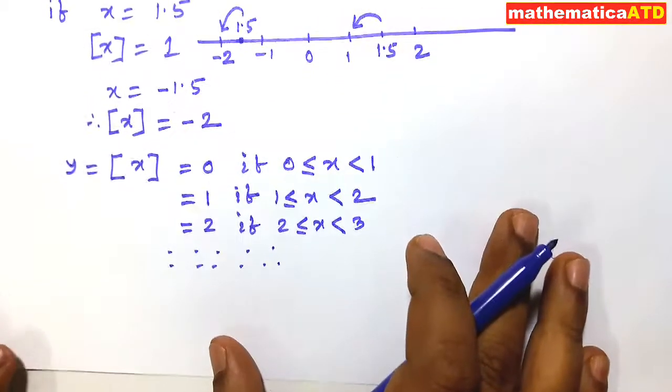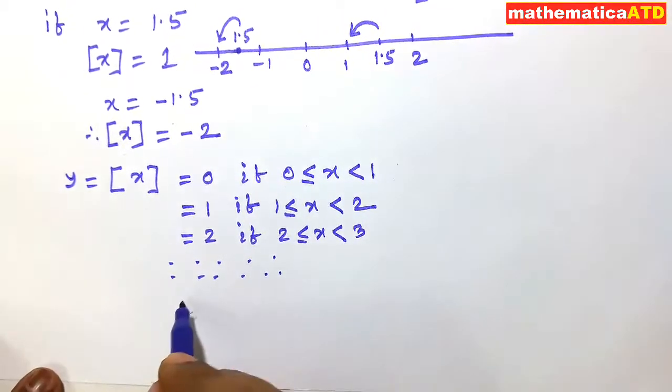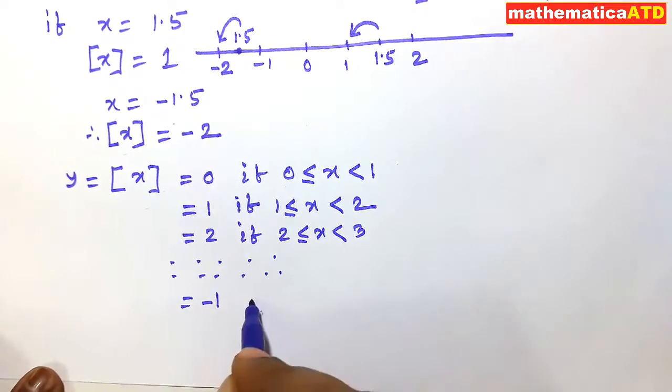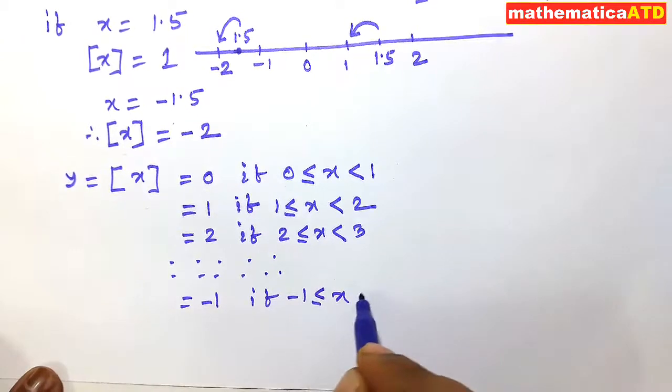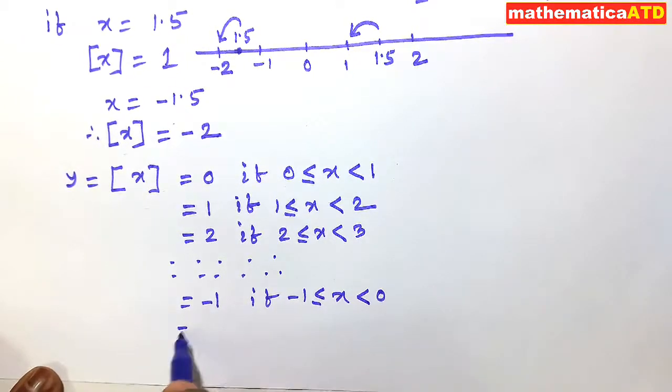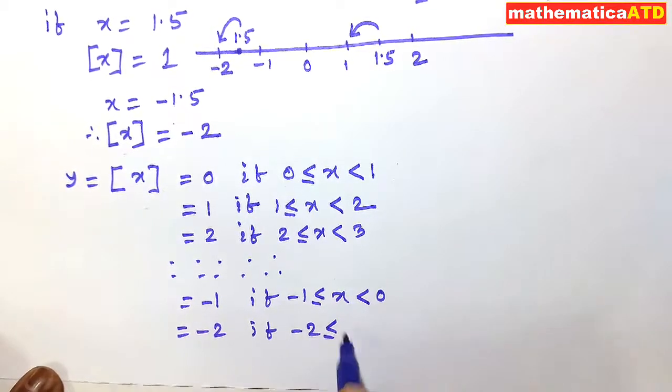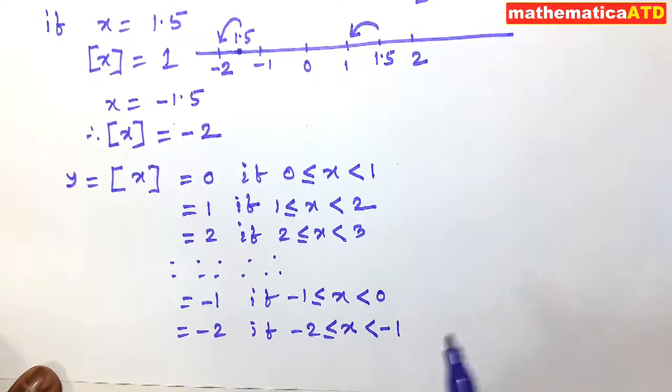The value may be minus 1 if minus 1 less than or equal to x less than 0. This may be minus 2 if minus 2 less than or equal to x less than minus 1. So now we shall draw the graph of this function.